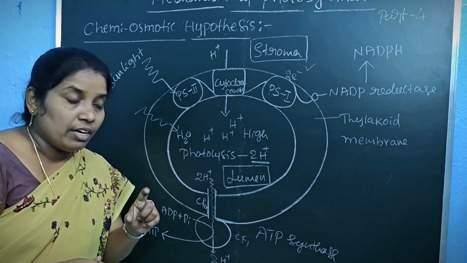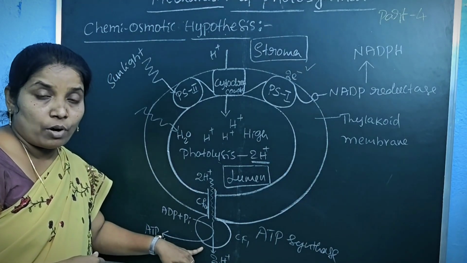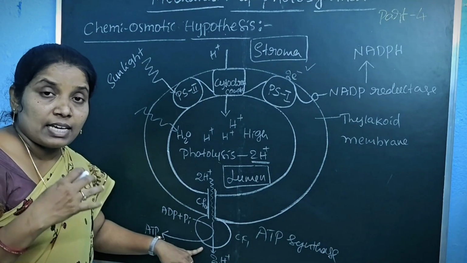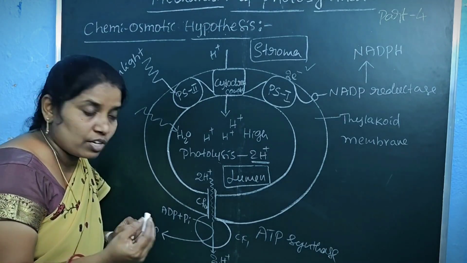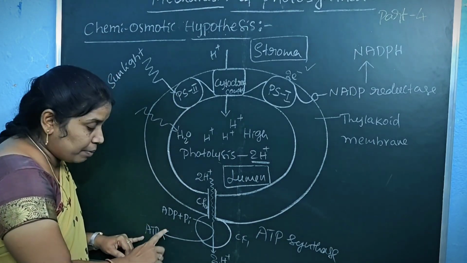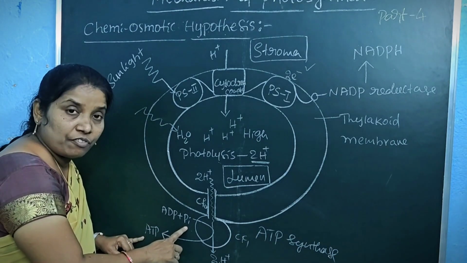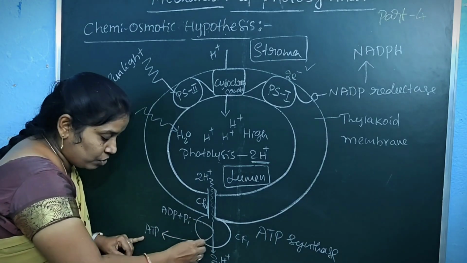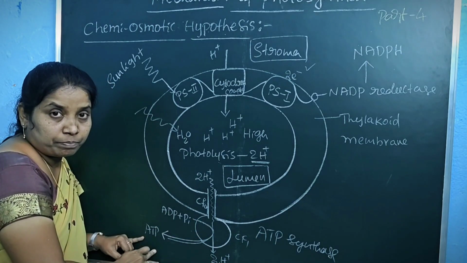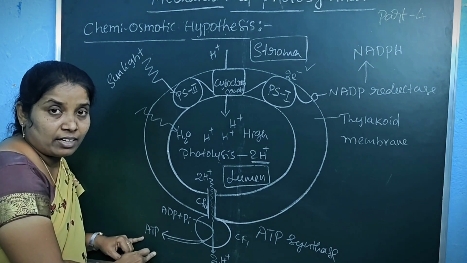That energy is utilized by the ATP synthase complex, which facilitates the synthesis of ATP from ADP plus inorganic phosphate. One inorganic phosphate combines with ADP, resulting in the formation of ATP. So the energy is provided by the proton gradient.